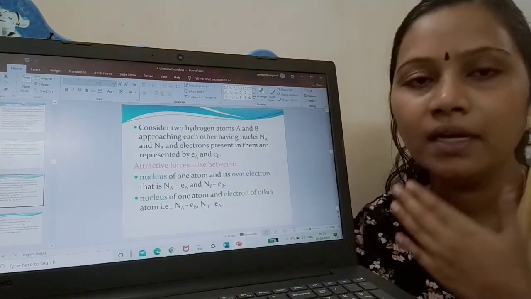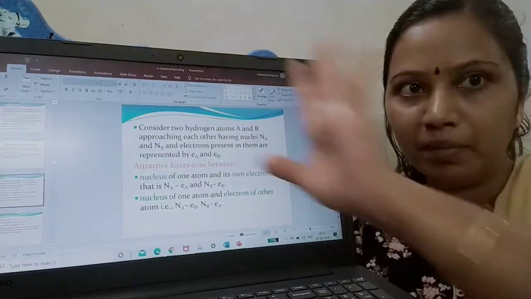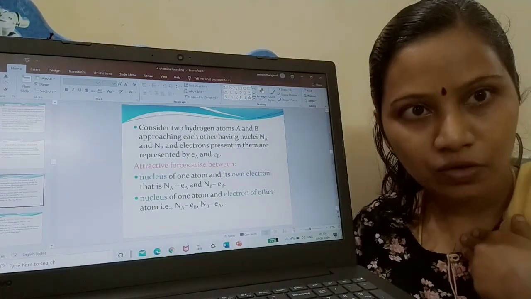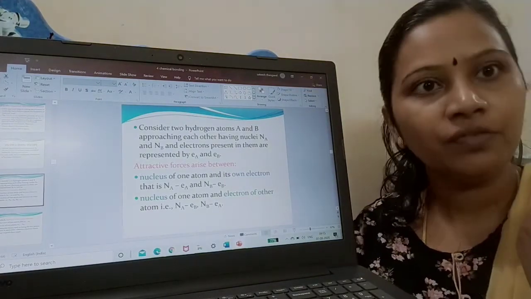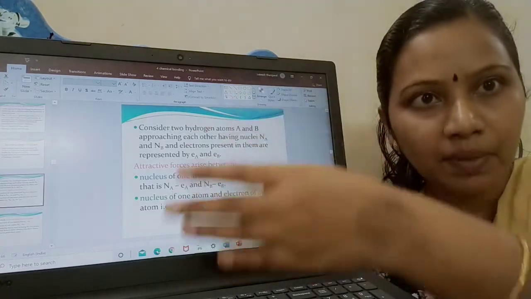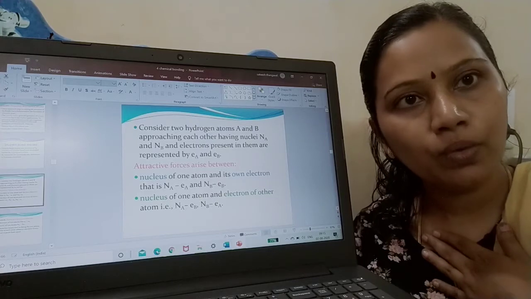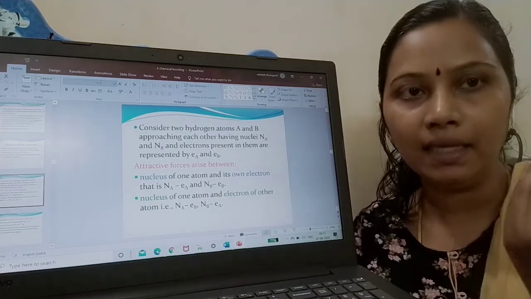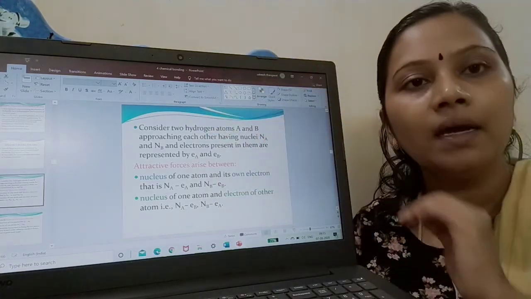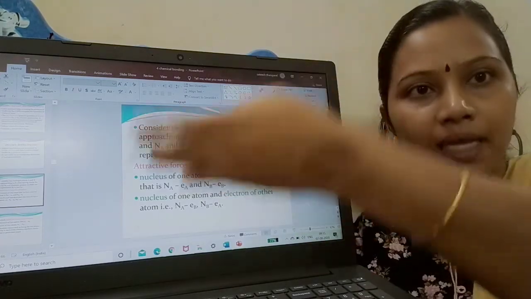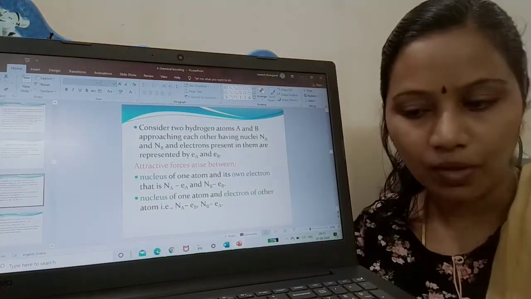Clear, children? Say I am atom A with Na and Ea, and he is atom B with Nb and Eb. Attractive force arises between my own nucleus and my own electron, and also between opposite pairs, Na and Eb, and Nb and Ea. Up to this, clear? No doubt.